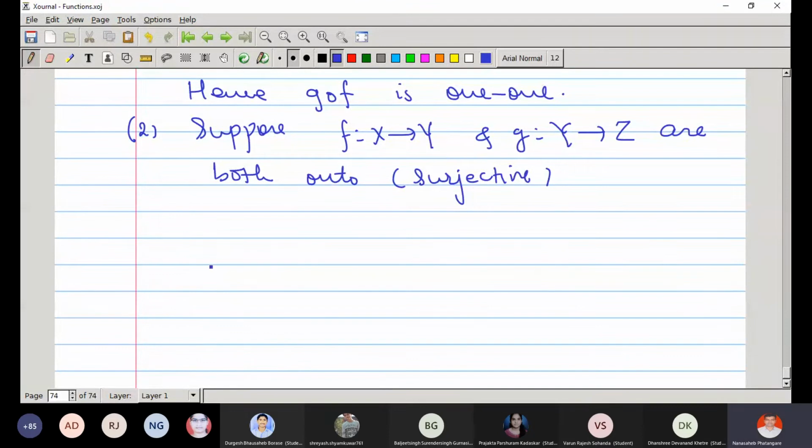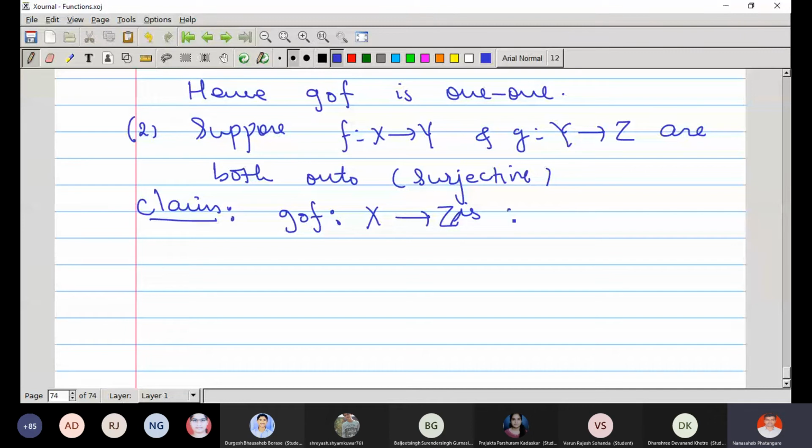So what is our claim? G composite f, which is a function from X to Z, is onto. Correct? This is our claim.